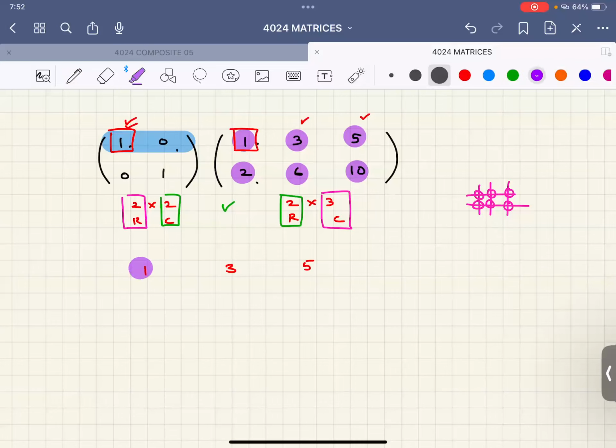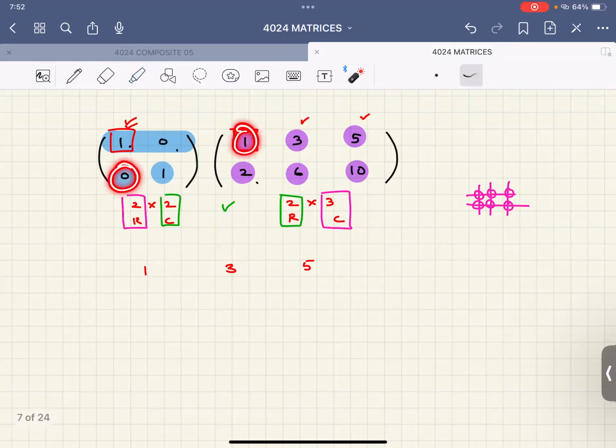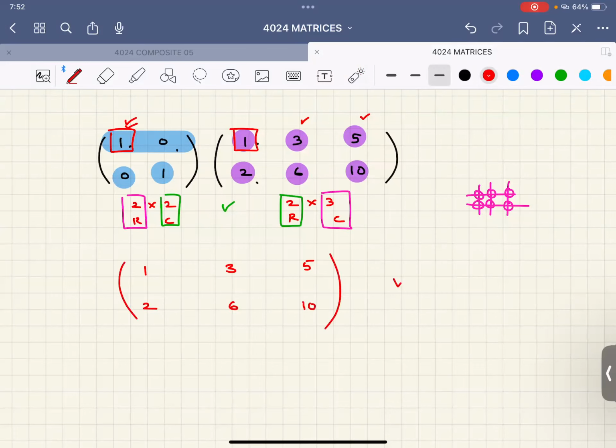That's the thing that you get. And on the other side, if I have 0 and 1, so this 0 into 1 will make it 0. This 1 into 2. This 0 into 3, 1 into 6. 0 into 5, 1 into 10. So basically, this 1 is multiplying with 2 and 6 and 10, and double check, it's the same as before.